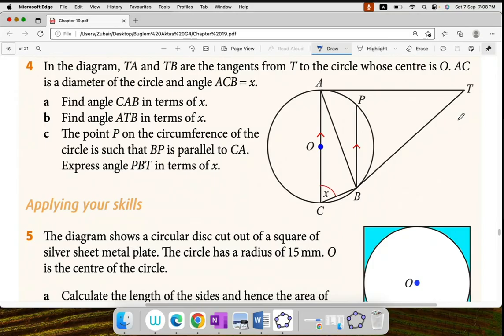We also call it angle at the center is twice the angle at circumference. What would this be? That would also be x. Nope.